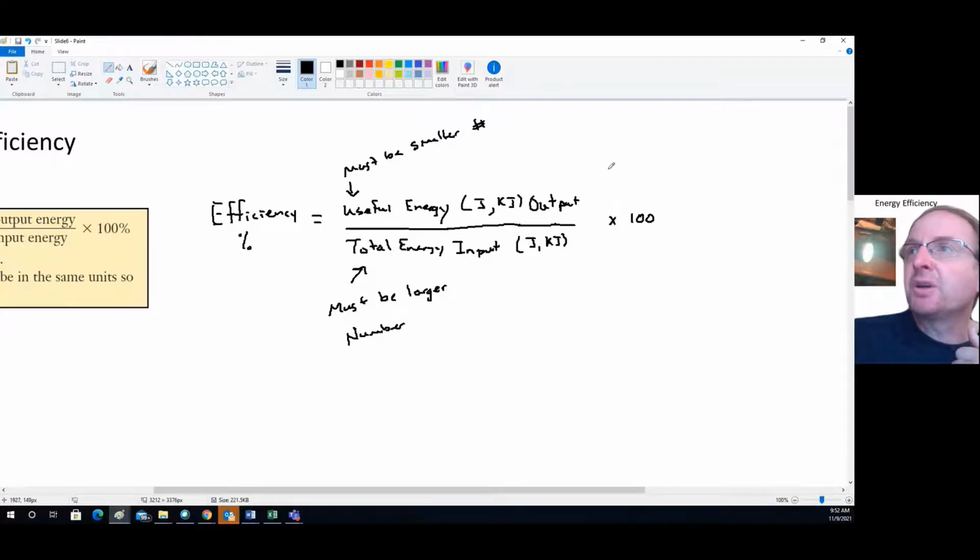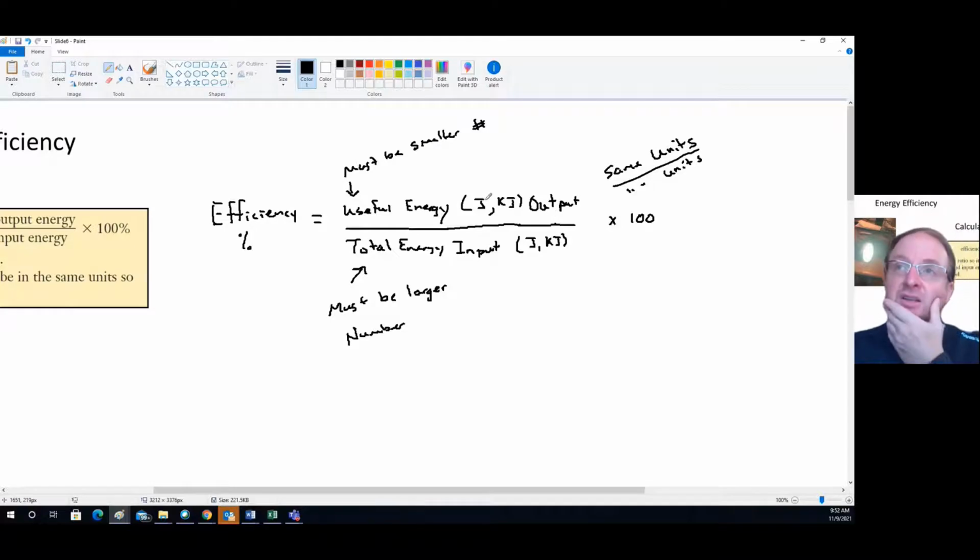You've got to have the same units, right? Whatever the units are actually really doesn't matter, but they've got to be the same units on the top and the same units on the bottom. So if you've got joules on top, you've got to have joules on the bottom. If you've got kilojoules on top, you've got to have kilojoules on the bottom. Again, think about a light bulb, right? It's not going to be 100% efficient.